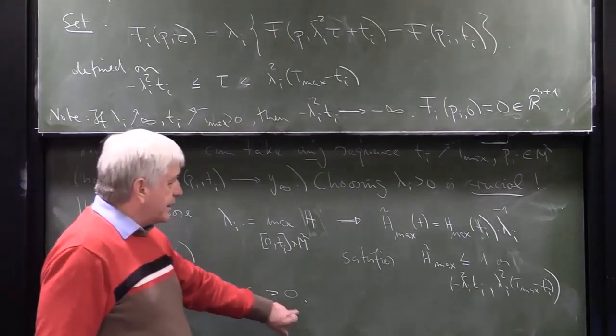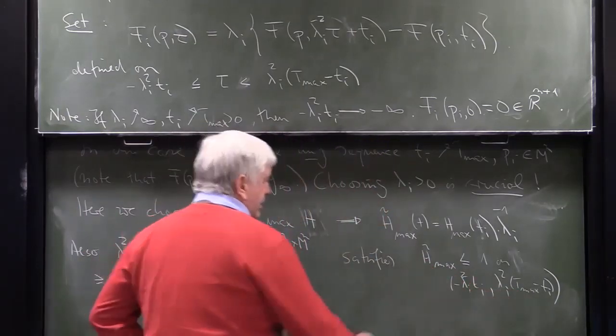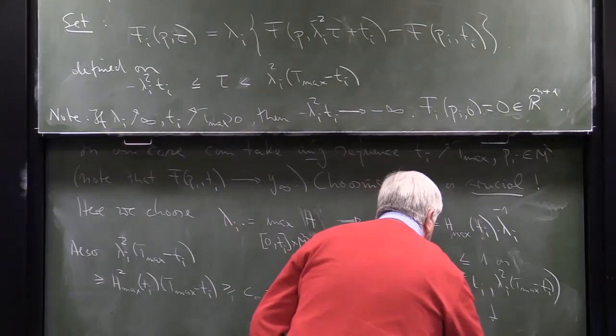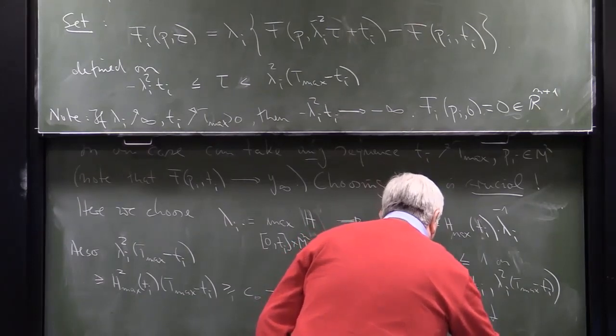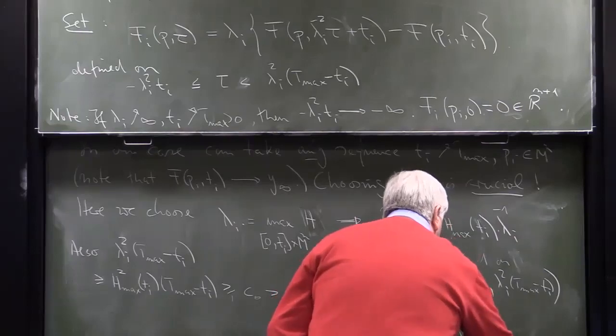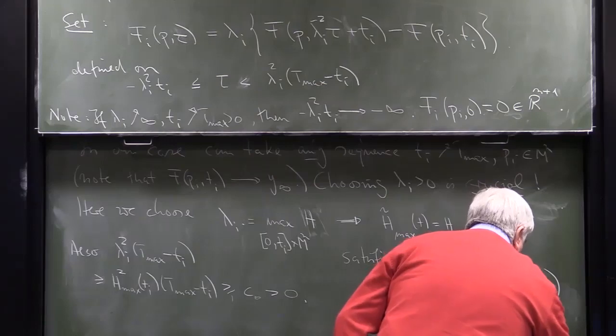So this time interval here converges to a time interval which looks like minus infinity to tau max, where tau max is between 0 and infinity.